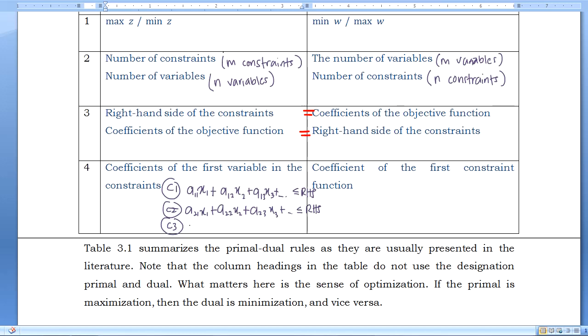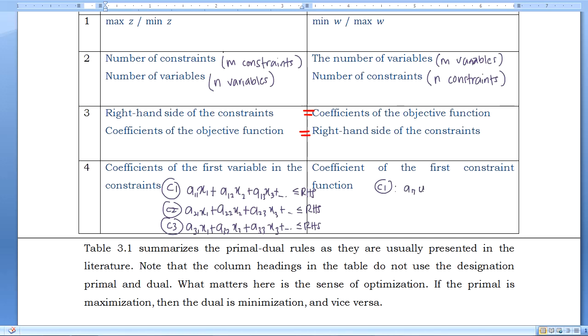The third constraint has a31 x1 plus a32 x2 plus a33 x3 plus until xn less than or equal to right hand side. This is the example. So the coefficient of the first variable becomes the coefficient of the first constraint in the dual.